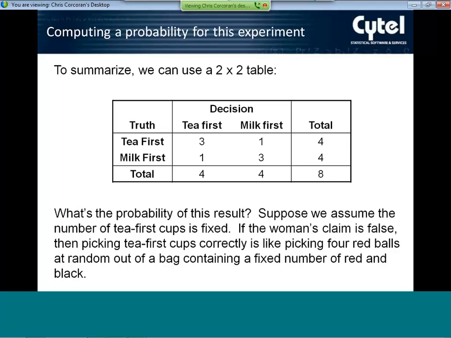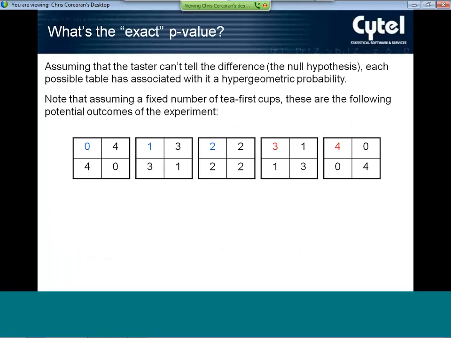And so using that hypergeometric distribution from the previous slide, we can compute a probability. In fact, it allows us to compute probabilities for all 5 possible outcomes of this experiment. Each one of these is one of the 5 potential outcomes, and each one has an associated probability based on that hypergeometric distribution. So if she were to pick 3 out of 4 correctly, you can see that the probability of that is about 23%.